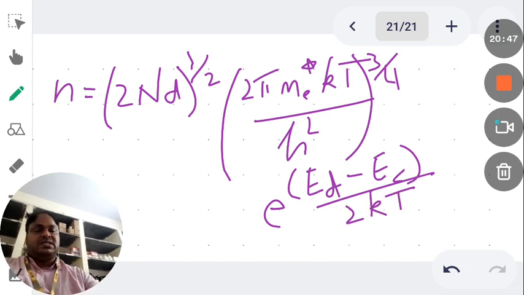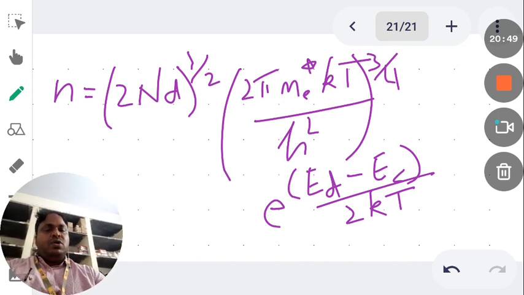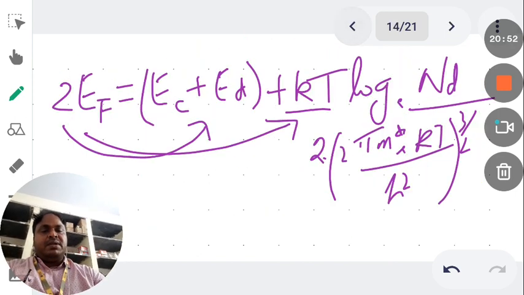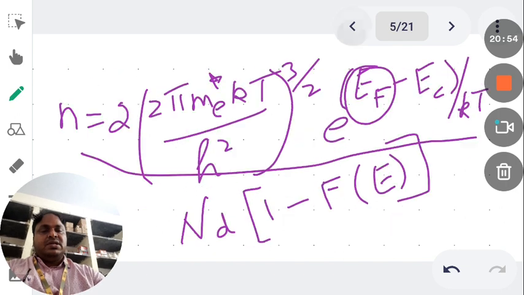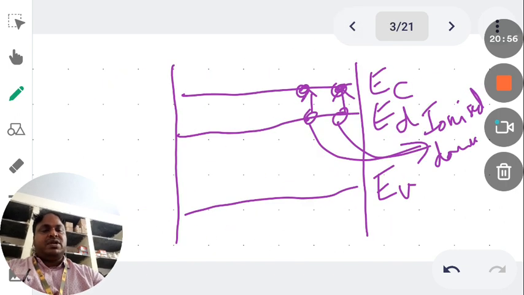Okay, last thing. If you look at the energy band diagram, let me go to the first energy band diagram. You can see here EC, ED is there. So we saw there exponential power ED minus EC. So EC minus ED is the energy difference.